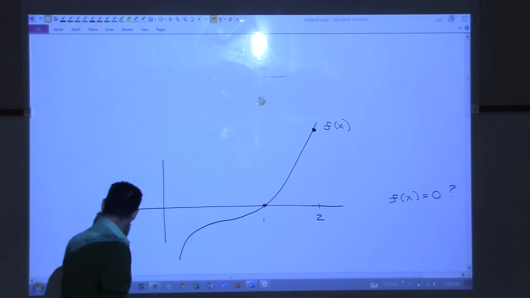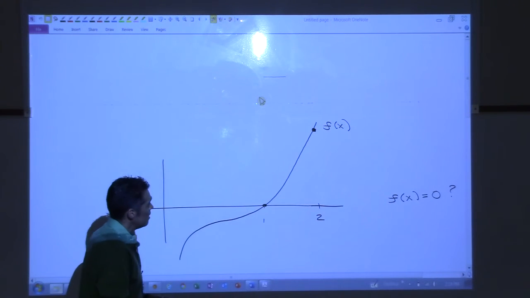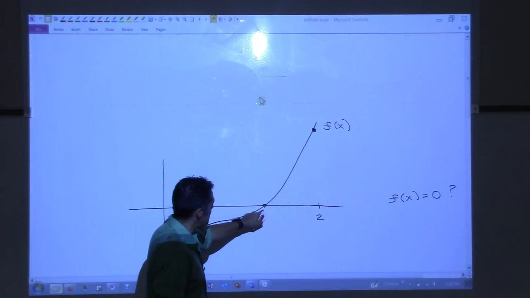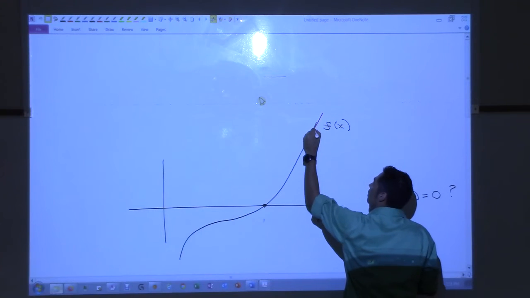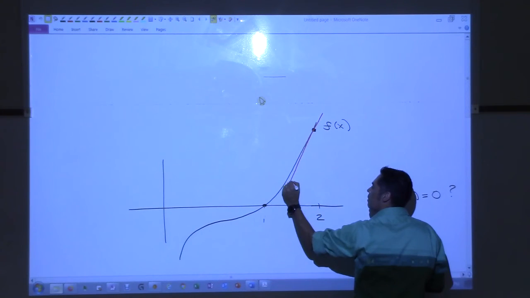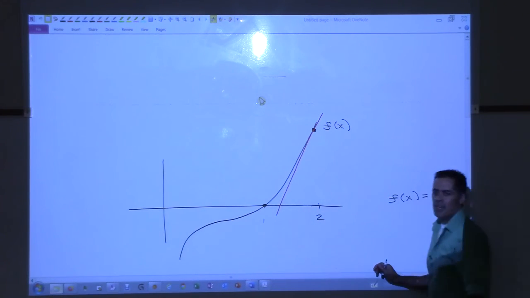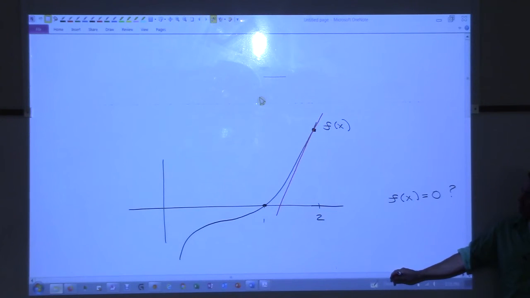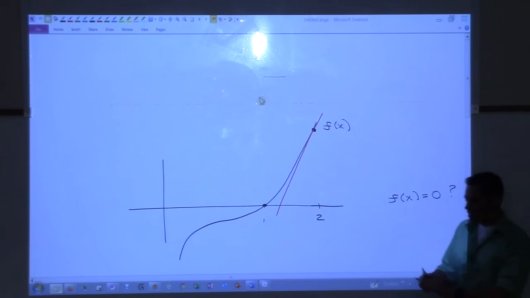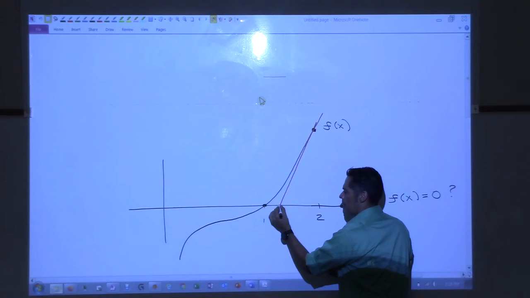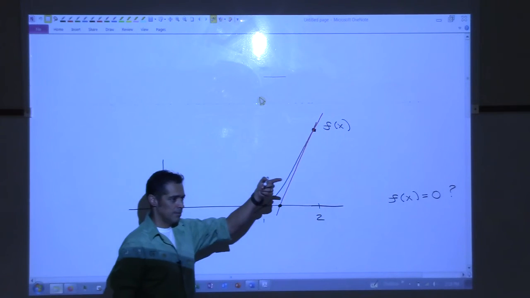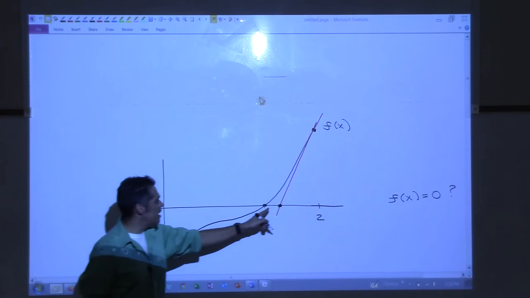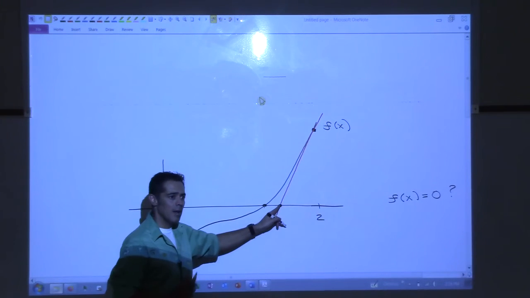So then what I'm going to do is try to get to this point by drawing a tangent line at that point and seeing where it hits the x-axis. Where I hit the x-axis is my next guess. So now I'm going to plug this answer into the function.